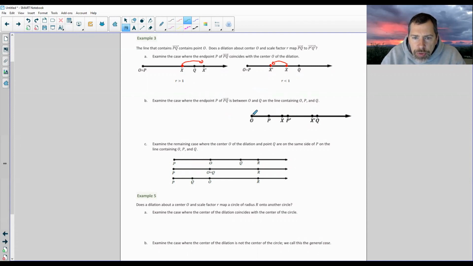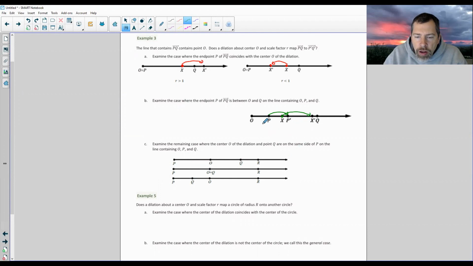So P is between O and Q, which is our point of dilation. What will happen? Well, if R is greater than 1, then P will move to P prime this direction. And if you have some arbitrary point anywhere on that ray PQ, it is also going to move to the right.